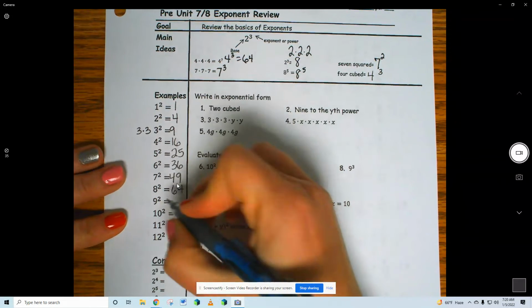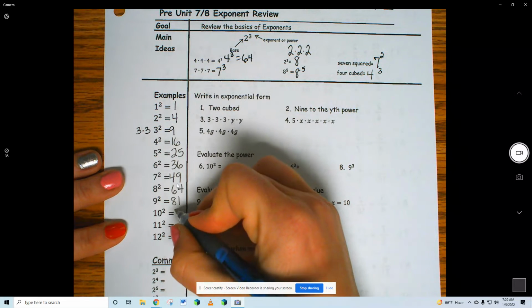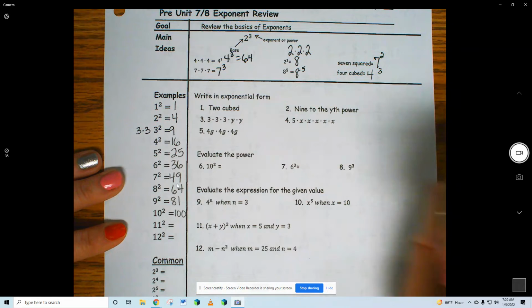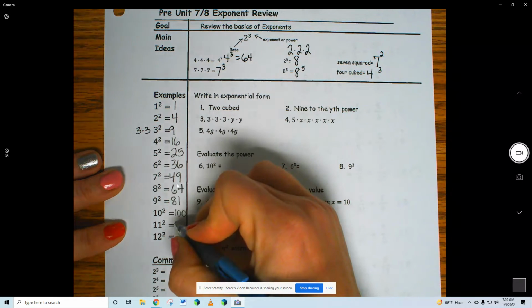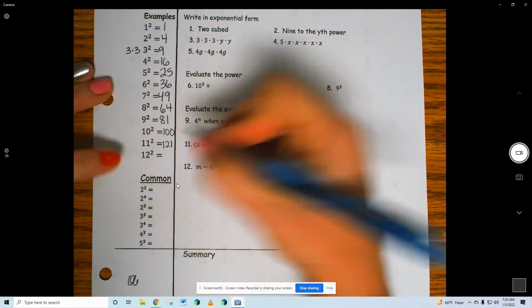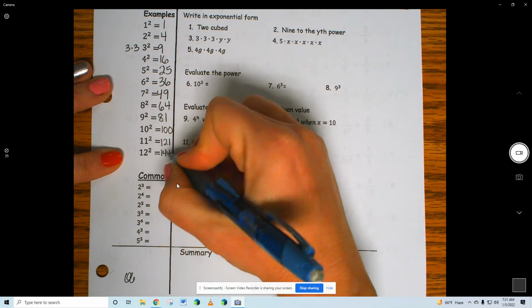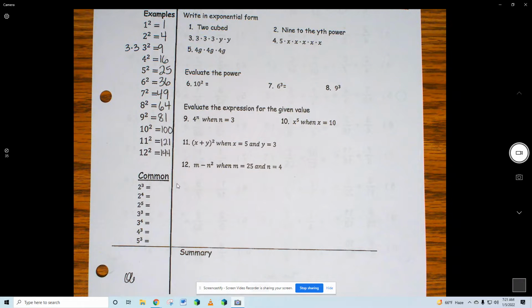Good. 9 squared. 81. 10 squared. 10 times 10. 11 squared. 12 squared. 144. Okay, these numbers need to be memorized.